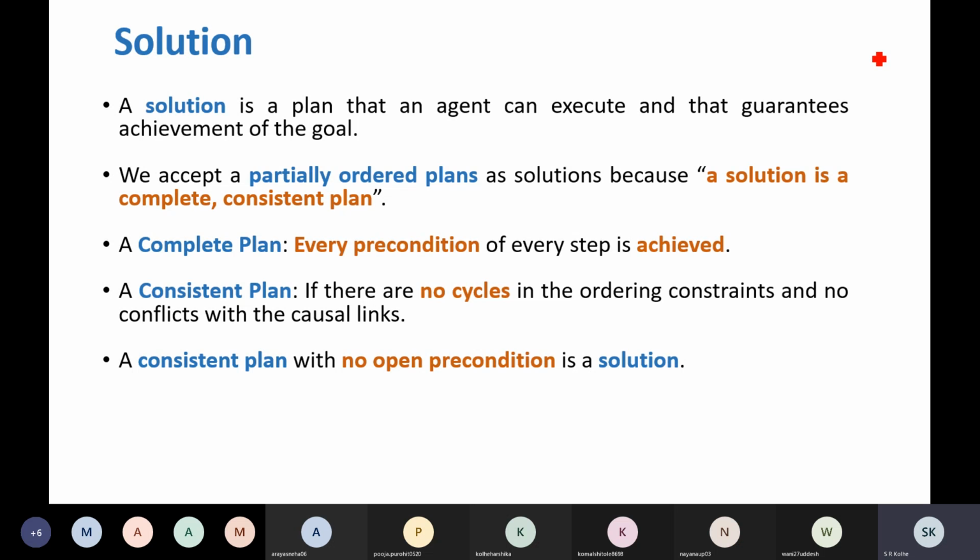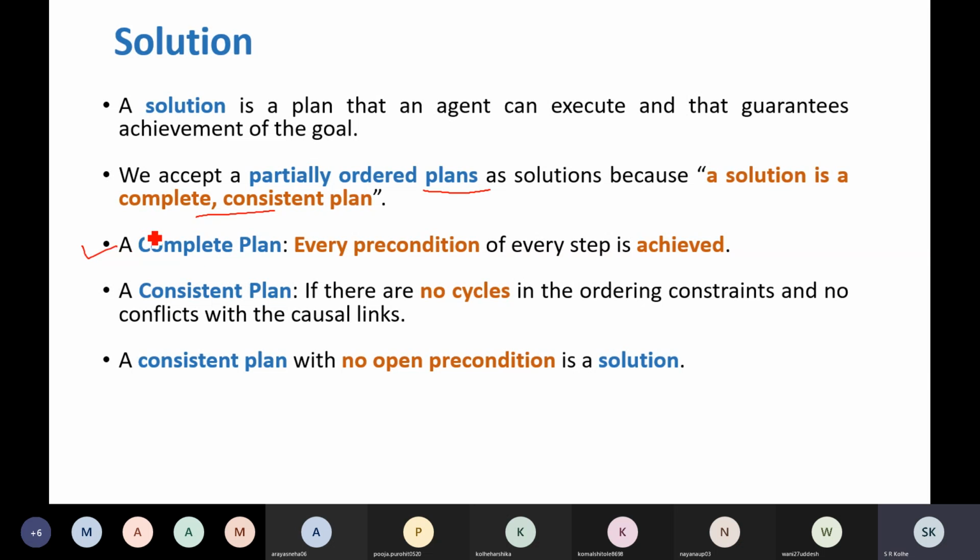The solution at the end is a plan that an agent can execute that guarantees achievement of the goal. So what we do, we accept this partially ordered plan as a solution because a solution is a complete and consistent plan. So these two concepts are important. What is a complete plan and what is a consistent plan?